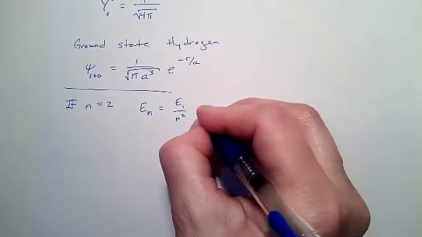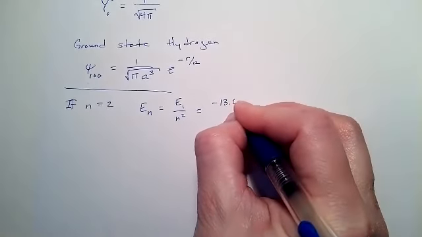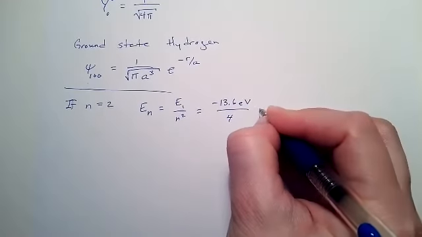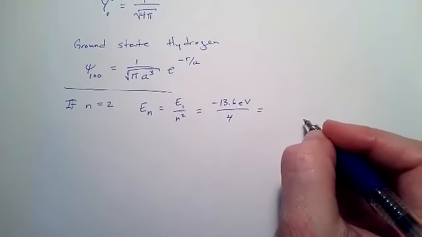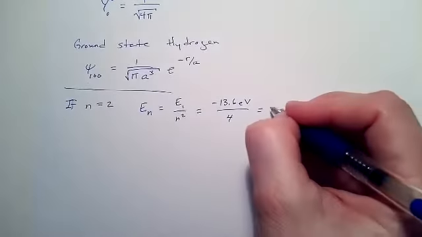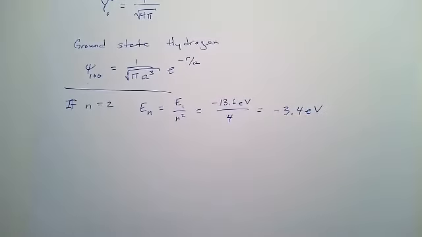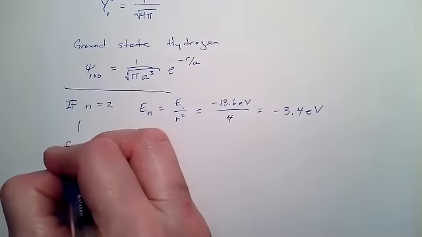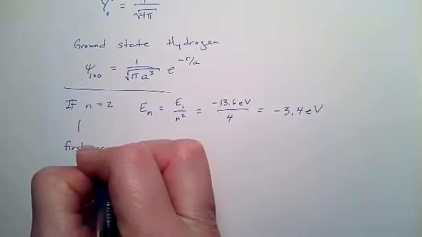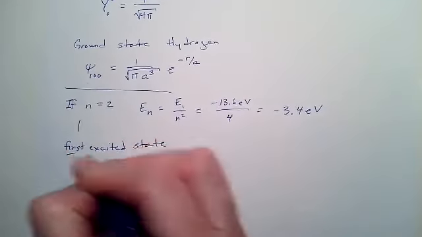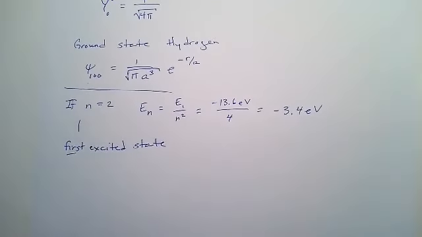In this case, ground state energy is negative 13.6 electron volts. 2 squared is 4. So in this case, we've got a negative 3.4 eV. So this is our first excited state. But don't let the first fool you, n equals 2.